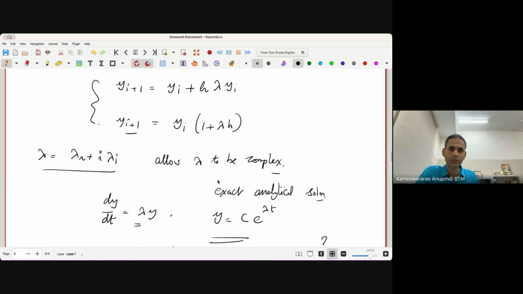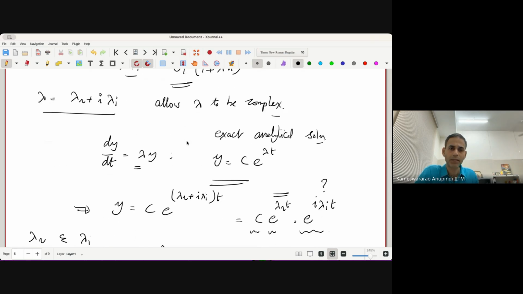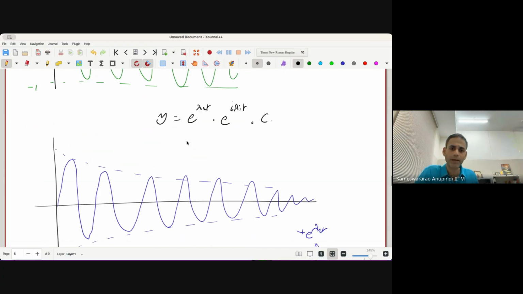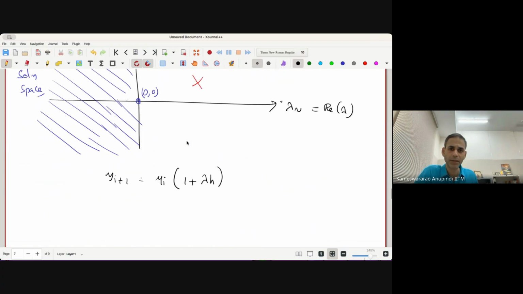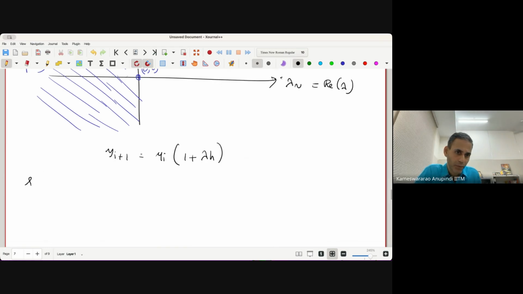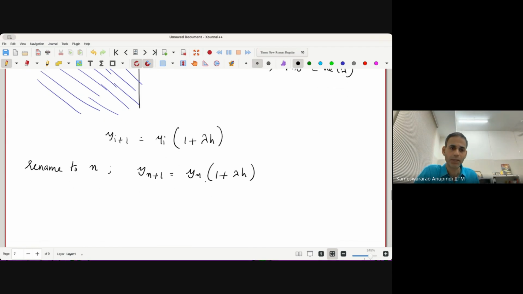Now that we are using I for the imaginary number as well, let us rename to n instead of i plus 1. So y_{n+1} equals y_n times (1 plus lambda h), because I is reserved for the complex number, the square root of -1.